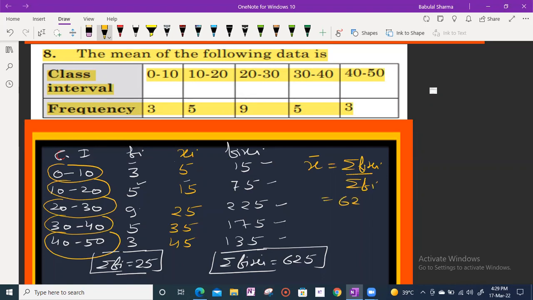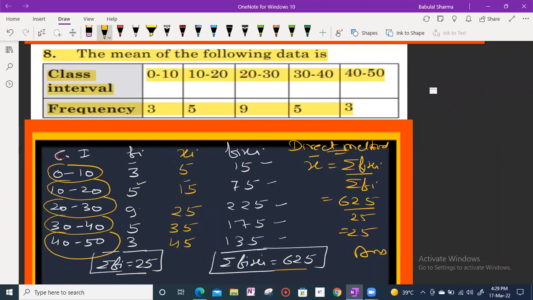That is 625 upon 25, that is 25, answer. So the mean of the given data is 25. This fx method is said to be, which method is this? It is called the direct method. And this question will come for 2 marks.